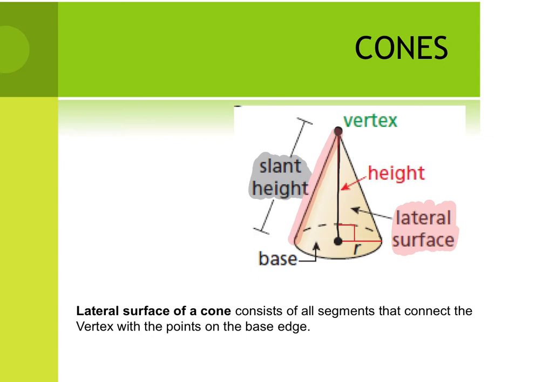So it's not actually including the base. It's all this area around the base, all the way up here. So the lateral surface is almost like if you were to stick a label on a cone, how much area would that label take up? You can write that in there as a note for yourself. It's like the label around the cone. Your lateral surface.